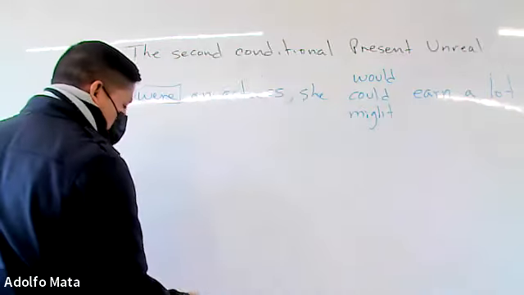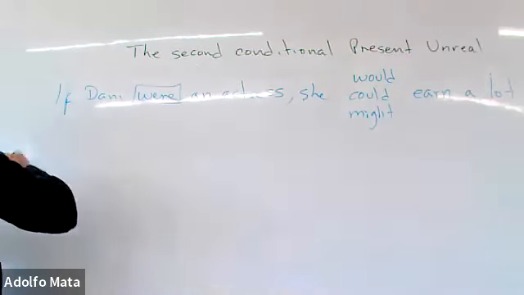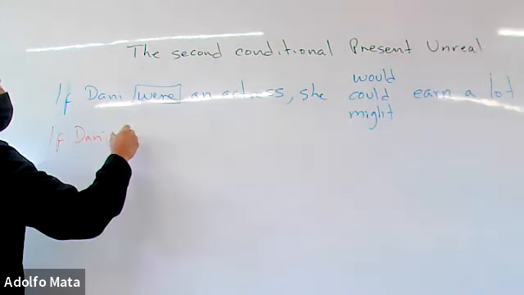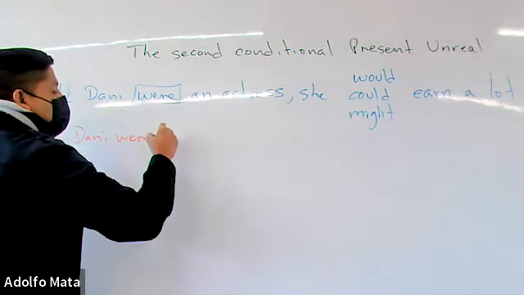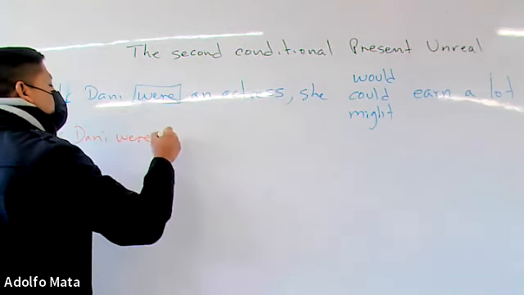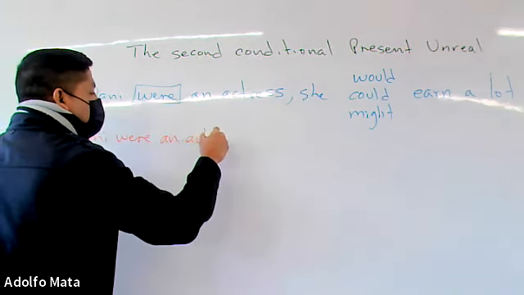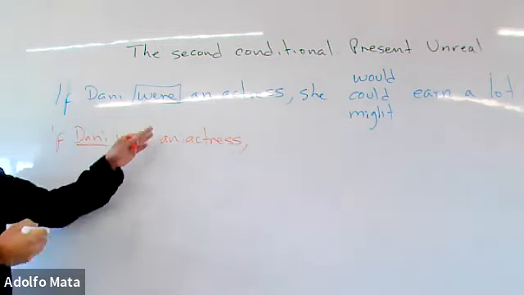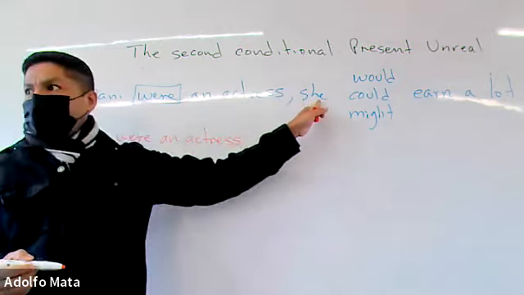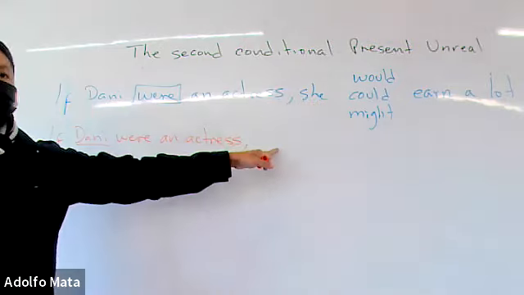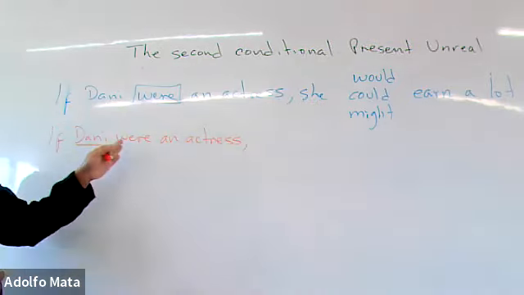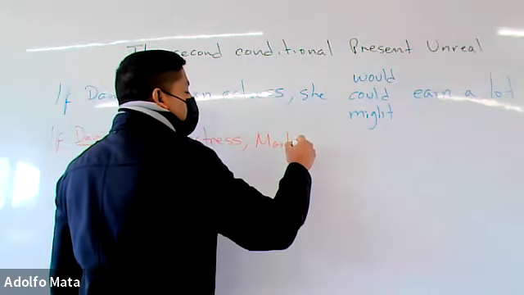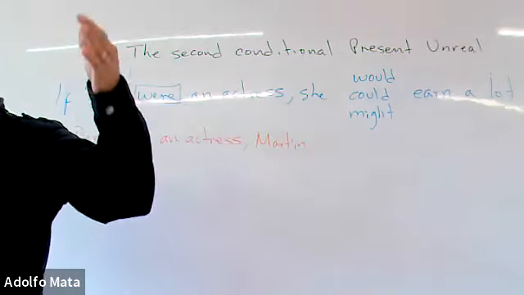Yeah, let me write an example. For example, I would say, if Danny were an actress, comma, here I use Danny, and here I use another person. If Danny were an actress, comma, Martin, that I don't know, it's just a name.